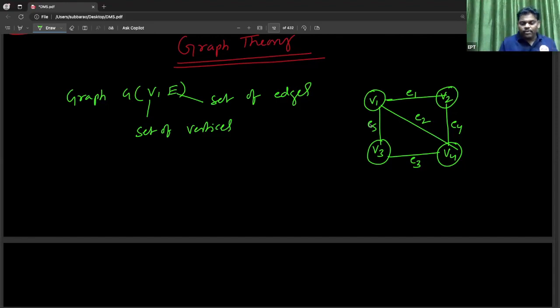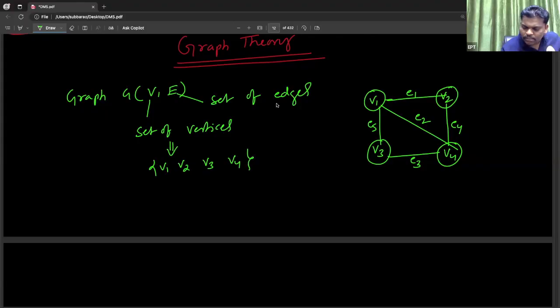Graph G is the combination of V and E, where V is the set of vertices, E is the set of edges. The edges are E1, E2, E3, E4, E5. So if you want, I will write the vertices: V1, V2, V3, V4.